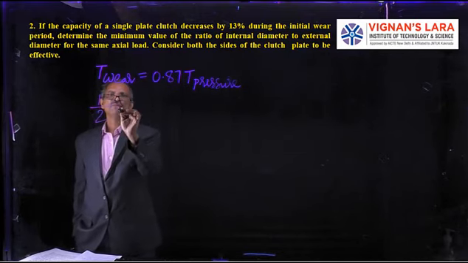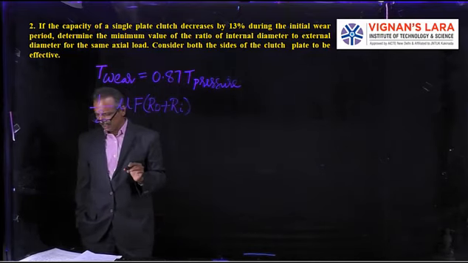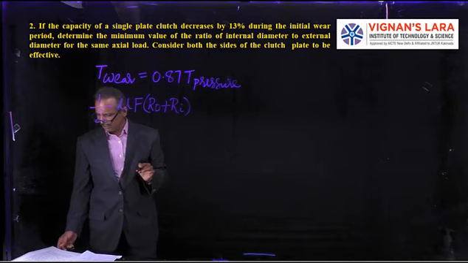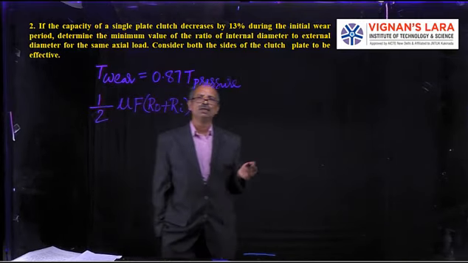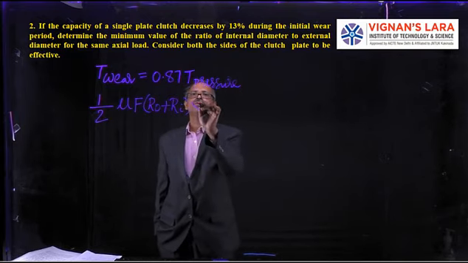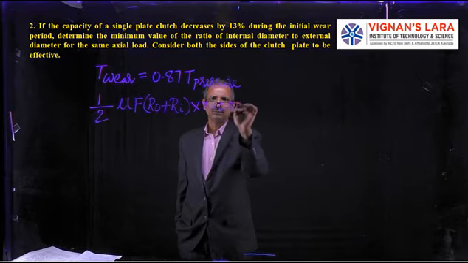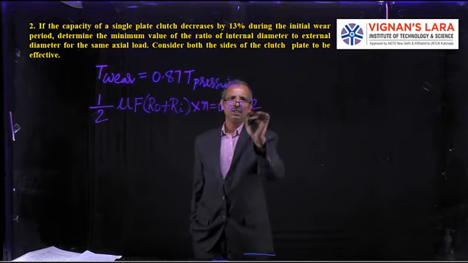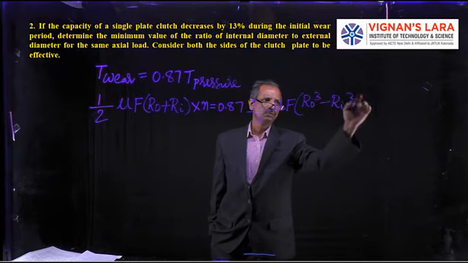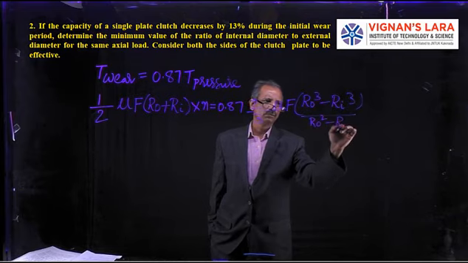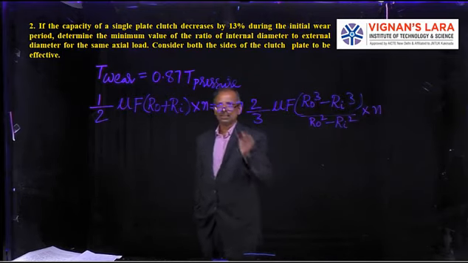Half mu F (R naught plus Ri) times N. Here it is a single plate clutch, and both sides of the clutch plate are effective, which means the number of active surfaces is 2, or just N. For pressure theory, what is the equation? 2/3 mu F (R naught cube minus Ri cube) by (R naught square minus Ri square), and here also the number of surfaces is N.